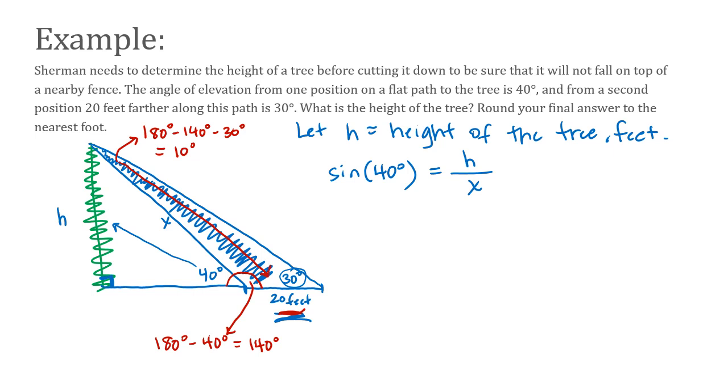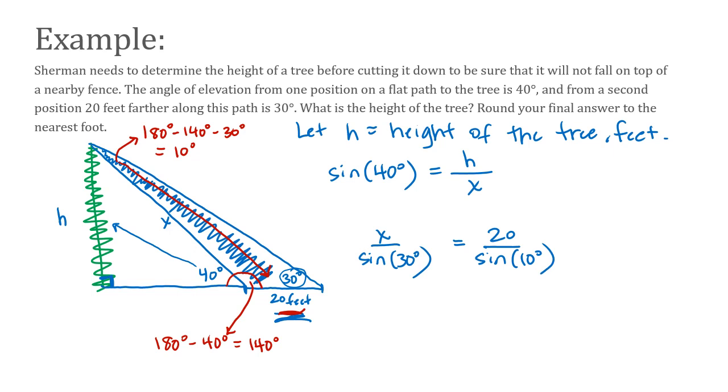So what I want to do is solve for x and then use that x value to solve for h. So I'm going to say that x over the sine of 30 degrees is equal to the 20 feet over the sine of 10 degrees.